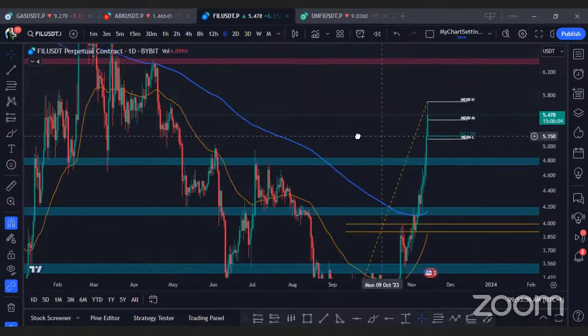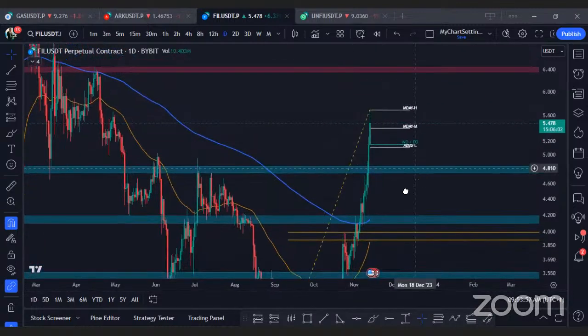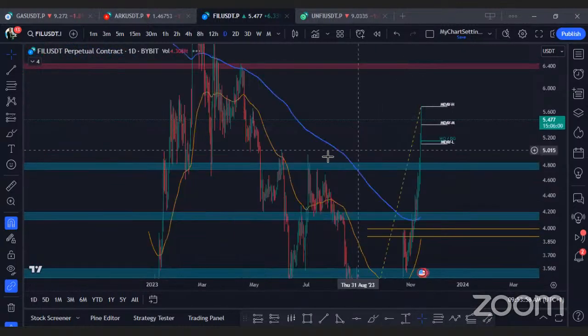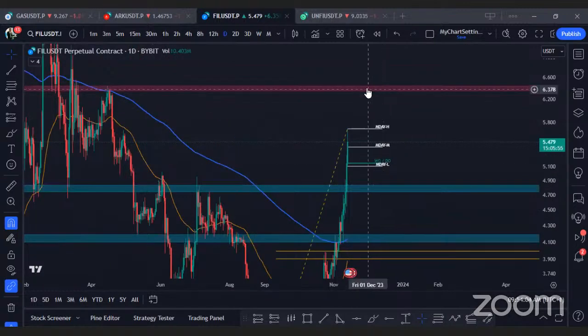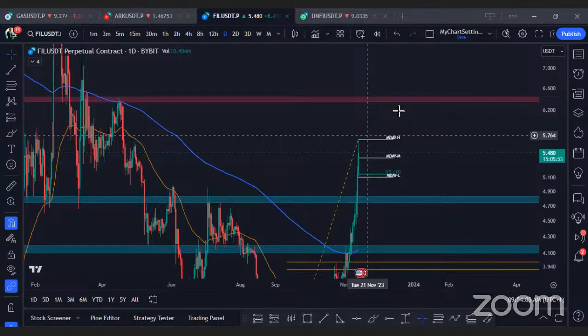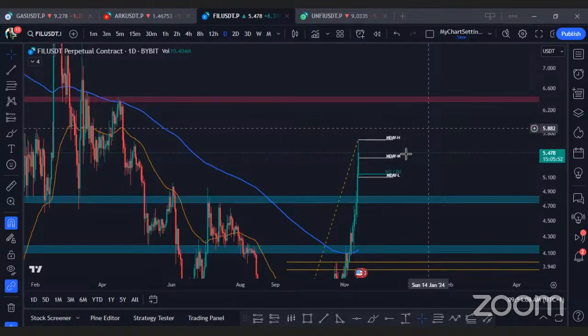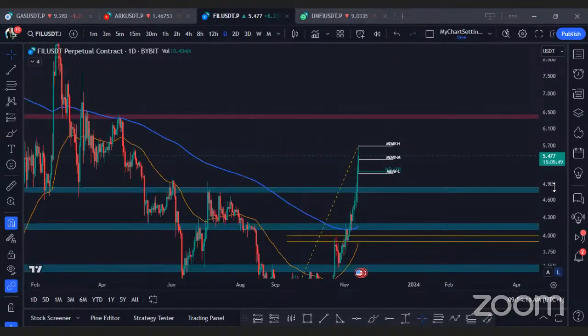So looking at 4.5, anything below 4.5 I doubt, except if there is one massive news that makes the market dump. But the way it is now, we are still heading up to that $6 level. Looking at the daily time frame, I see this going to $6.